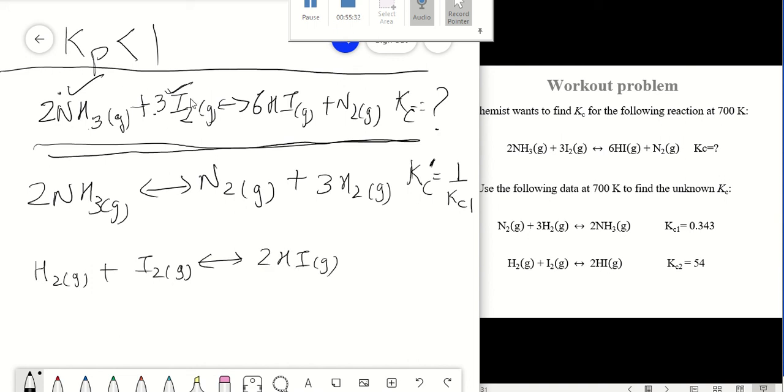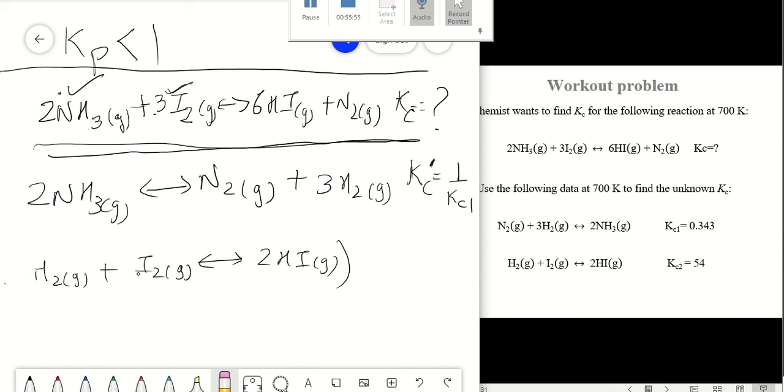But in my reactant, I want it as 3I2, right? What I'm getting from here is only 1 mole of iodine gas. So what would I have to do? I'll have to multiply this reaction by 3, right? So if I multiply this reaction by 3, what does that give me?